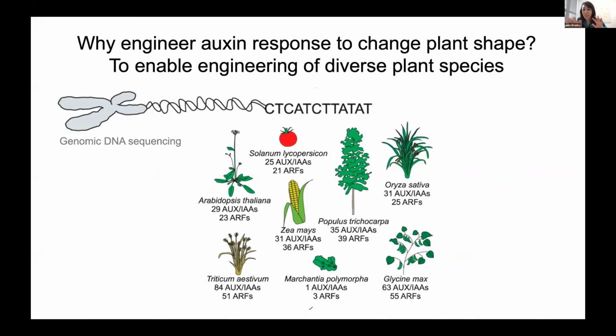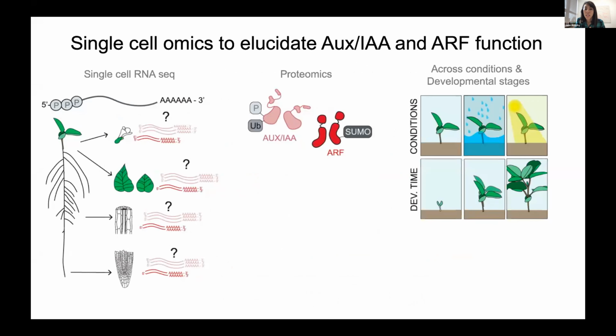To a certain extent, they're interchangeable, but they're not completely identical. And so you can use some single cell omics to determine which Aux/IAAs and ARFs may be expressed in the tissue that you're interested in modifying, and its expression or modification in response to different conditions or over developmental time, which give you some idea of how it's acting and how to modify its expression in order to change development in a hopefully predictable manner.